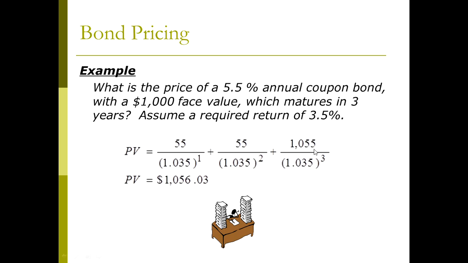Finally, in the terminal year, you'll receive the last $55 coupon payment, plus the $1,000 face value, discounted at 1 plus 3.5% to the power of 3 years. So the maximum amount of money you're willing to pay for the bond is $10.56.